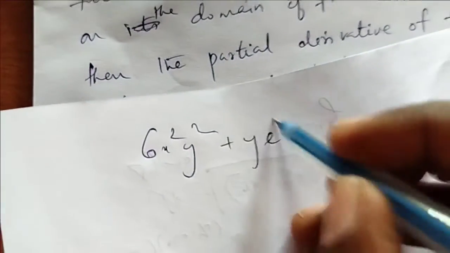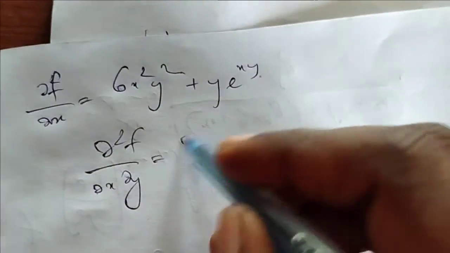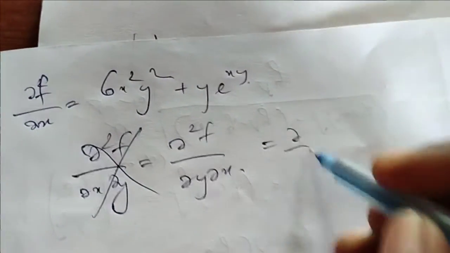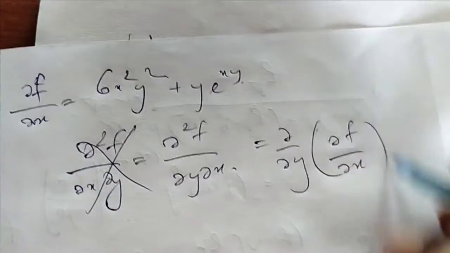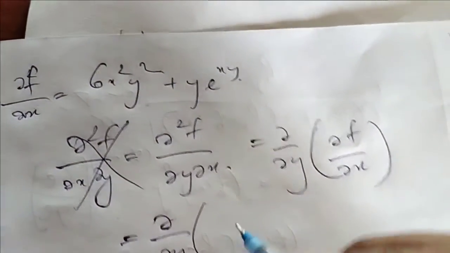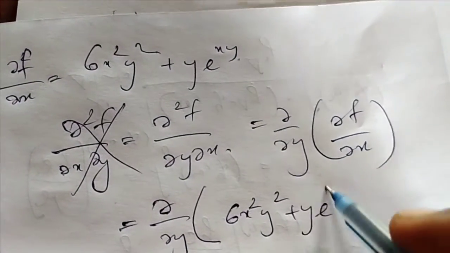Now we can find ∂²f/∂x∂y or ∂²f/∂y∂x. We can find this. It is ∂/∂y of ∂f/∂x. It is ∂/∂y of 6x²y² plus y e raised to xy.